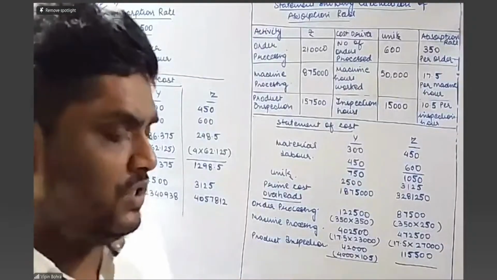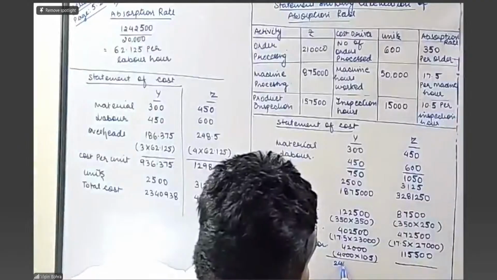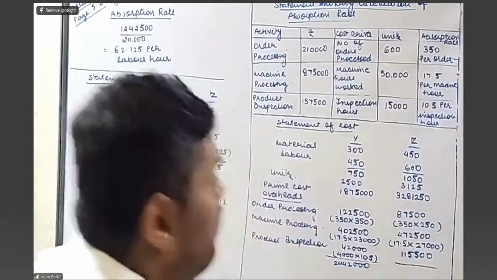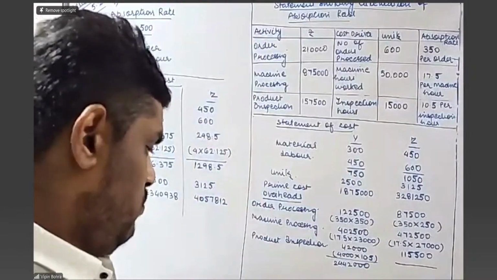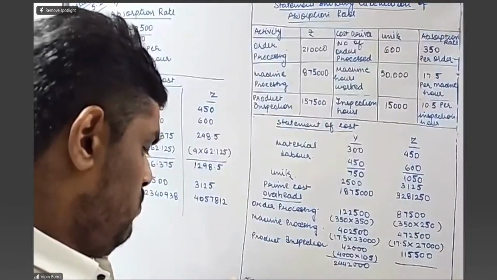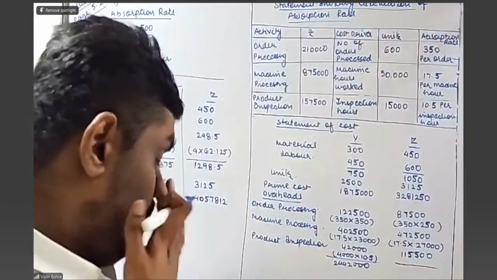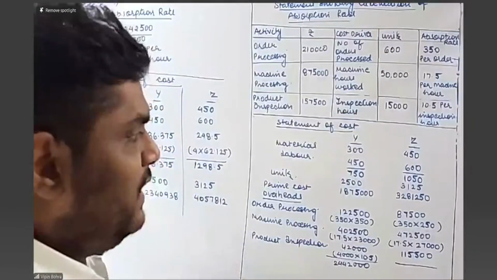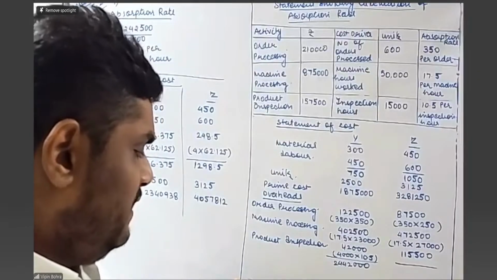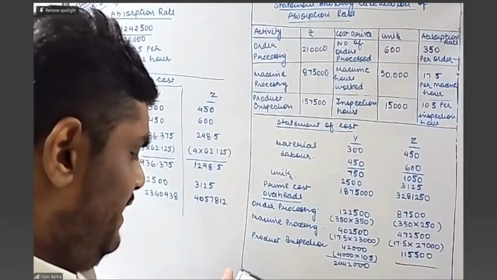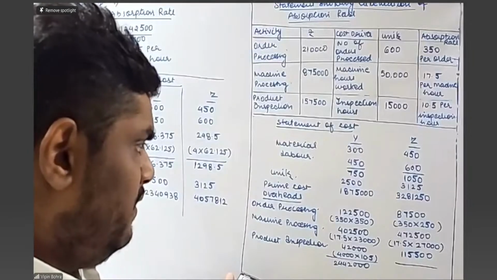So my total cost will be 24,42,000. Similarly, for Z, it is 32,81,250 plus 87,500 plus 4,72,500.